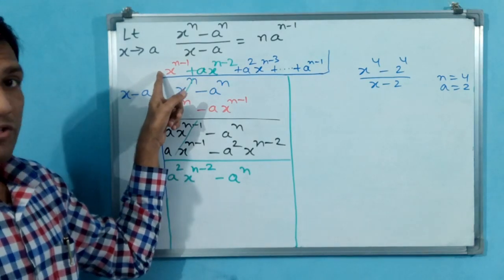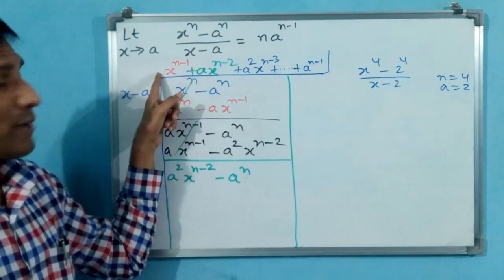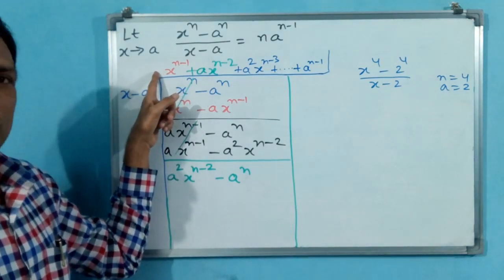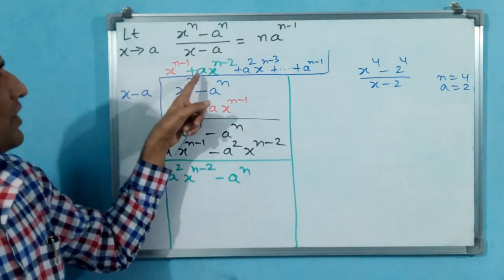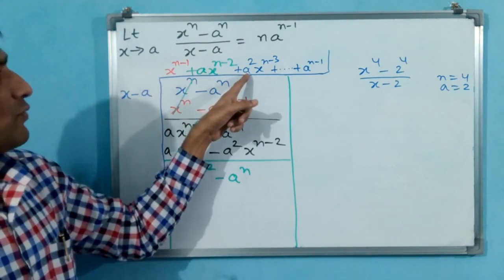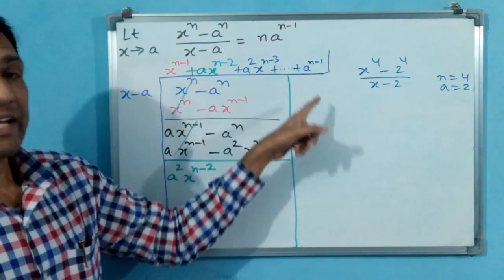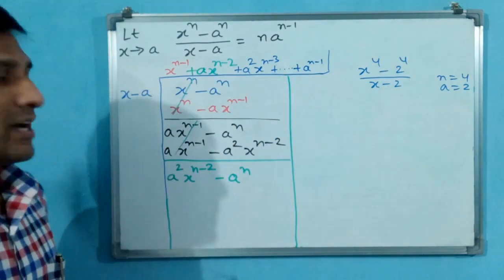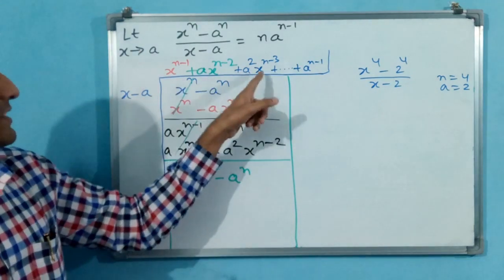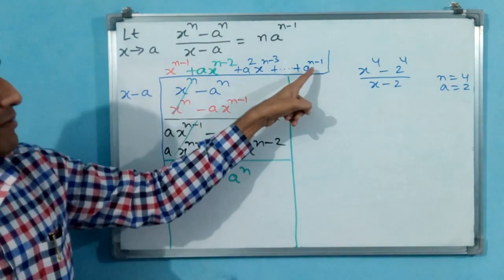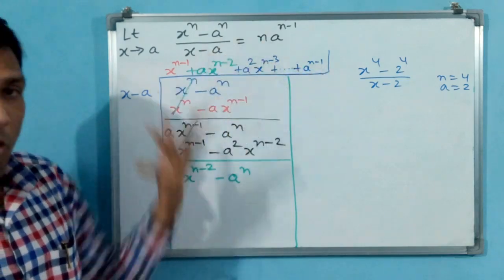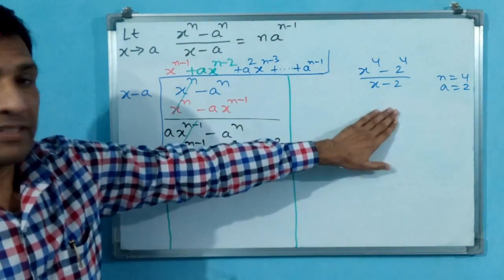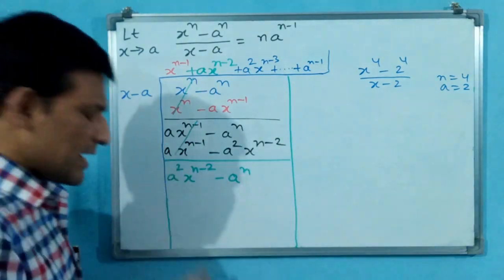You see here a power 0, a power 0 is 1, then a power 1, a power 2, a power 3. This also goes on increasing, but up to when? A power n minus 1 only. You understand the first 3 terms, but the fourth or last term, a power n minus 1, how it has come, you don't know. That is why I have taken this example. We will do this example, then we can understand that also.